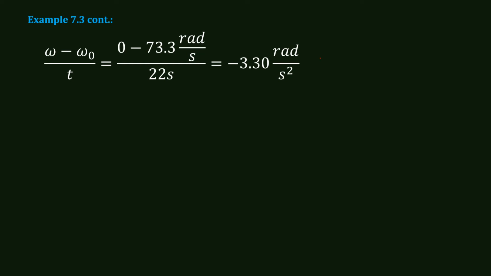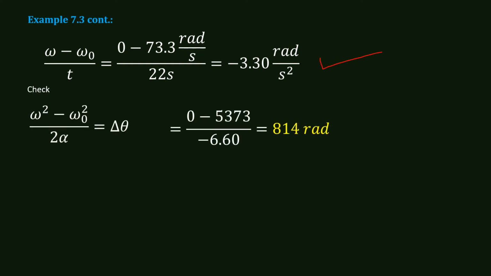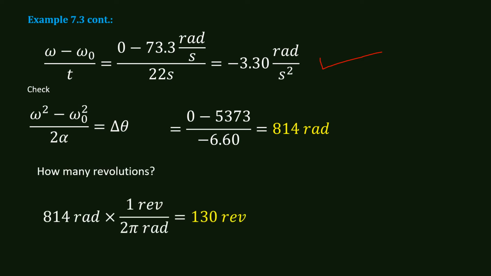Now we're going to do how many rads or revolutions it takes, 814 rads. And then we need to convert this to revolutions. So from that angular speed to where the grinder was shut off, the wheel turned 130 times before it stopped. And so that is the answer.